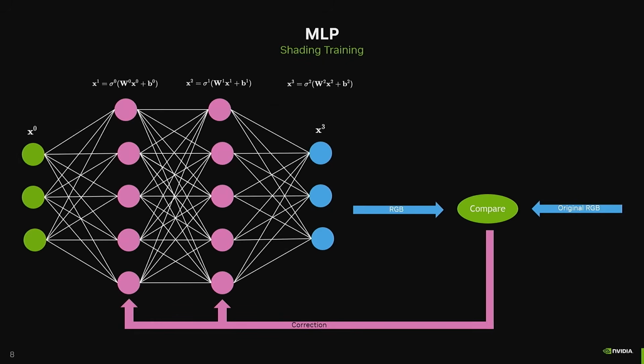So training would look like this. We have input, we produce some RGB value as an output of the network, and we have the original RGB that we already know. We compare them, and we need to alter all those network parameters somehow to improve the RGB value coming out of the neural network.